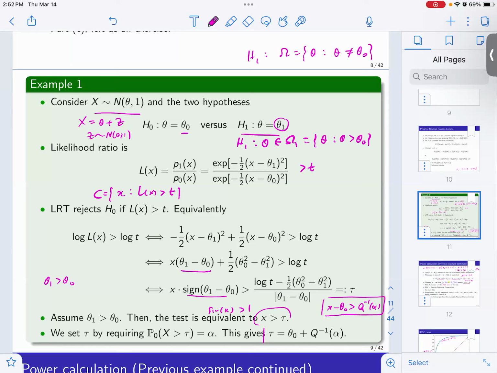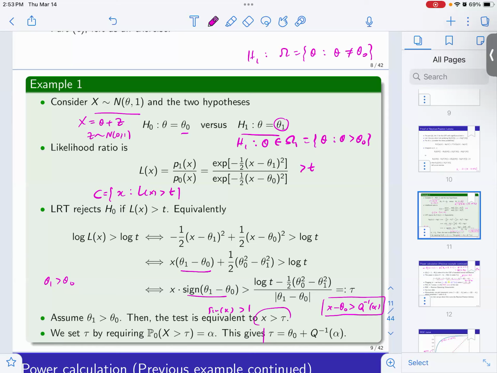So the answer is no, and the exact argument says that if I pick a theta 1 bigger than theta naught, the most powerful test would reject when X is bigger than tau. If I pick a theta 1 less than theta naught, the most powerful test would reject when things are less than tau. So the structure of the test changes.